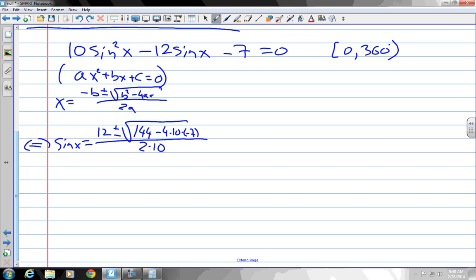Then I'll solve for the angle by using inverses, but I'm just treating it as a quadratic, it doesn't matter that it's a sine right now. So it's 12 plus or minus, what is this? 2 minuses give you a plus, so it's 144 plus 280, so it's 424. Over 20.